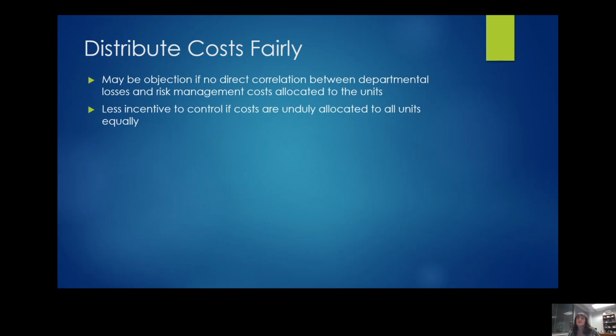There's going to be a lot of objection if there isn't a correlation between their losses and the costs that you're allocating to them. If they can't see that correlation or relationship, they're not going to be happy with what you unfairly distribute to their financial statements. There's a lot less incentive to control costs if they cannot see that correlation.